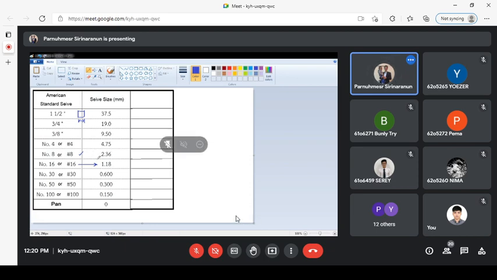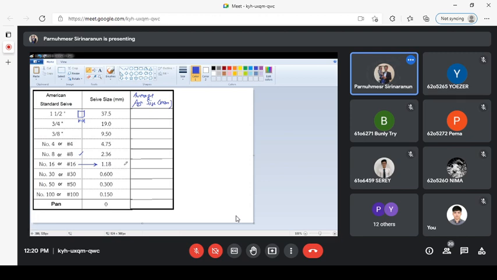What does it mean? So your aggregates have the size less than 2.36. Then I would like everybody to compute the average aggregate size retained on each sieve in millimeters.